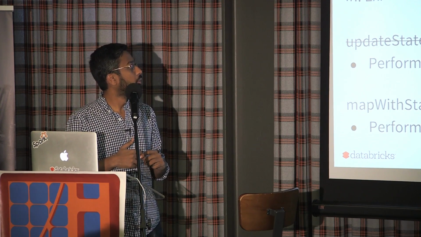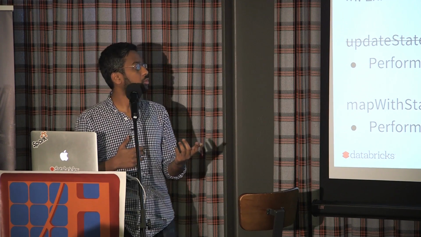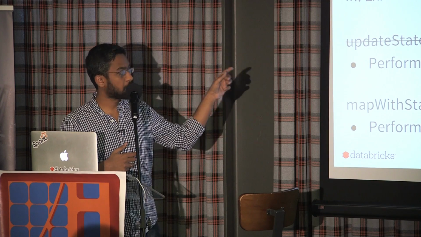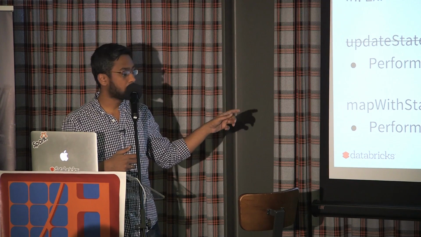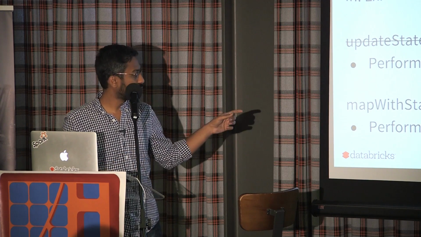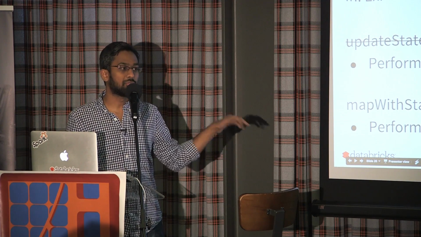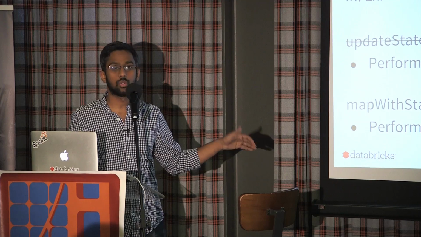The two biggest APIs available for state management are updateStateByKey and mapWithState. mapWithState was introduced in Spark 1.6, and that is the preferred approach for doing state management.